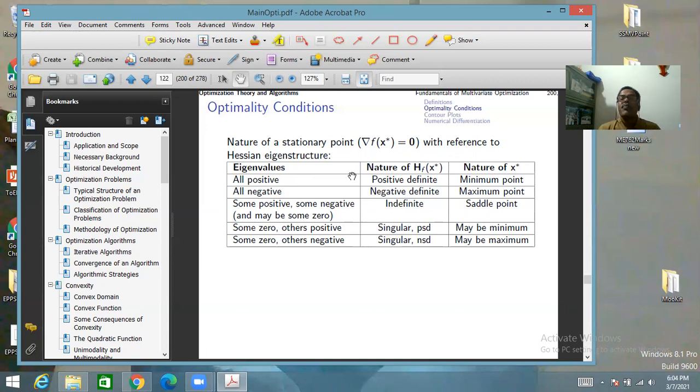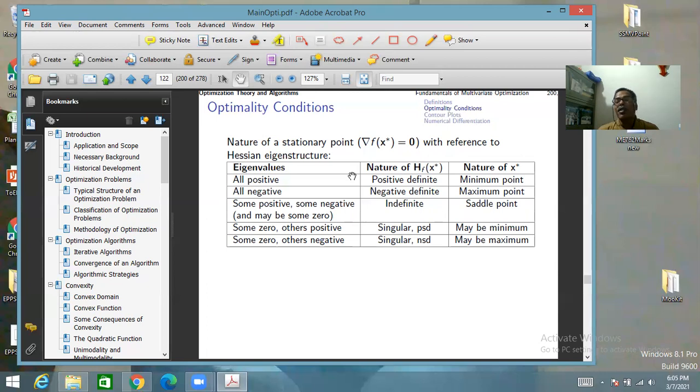On the other hand, along another eigenvector for which the eigenvalue is negative, in that direction on both sides the function value will decrease like this. So in some directions it is a minimum, in some other directions it will show a maximum.